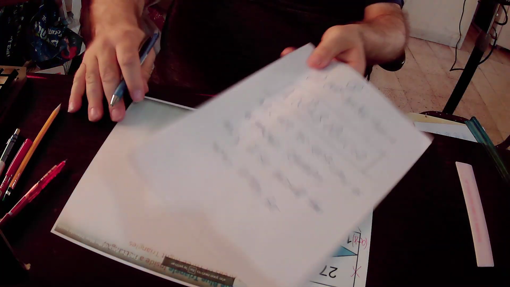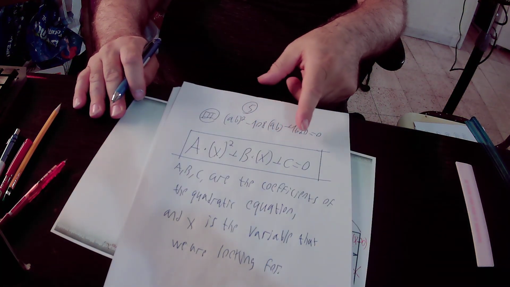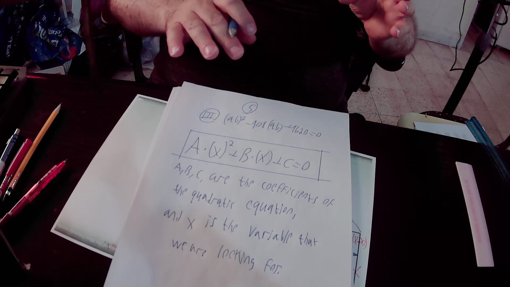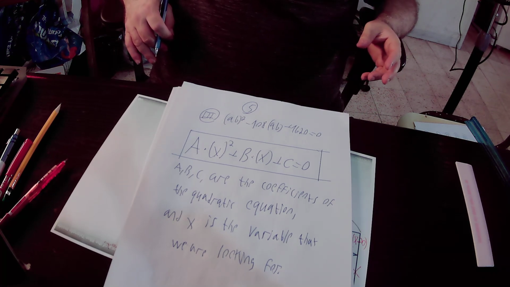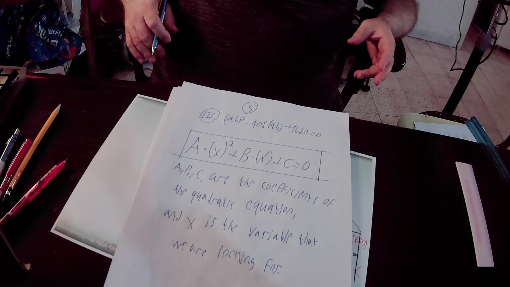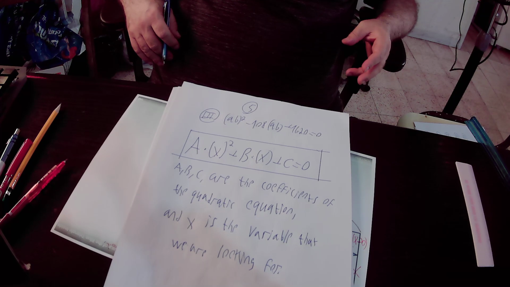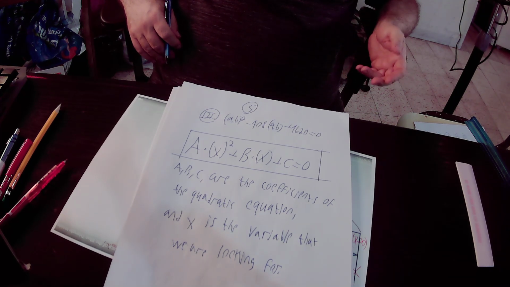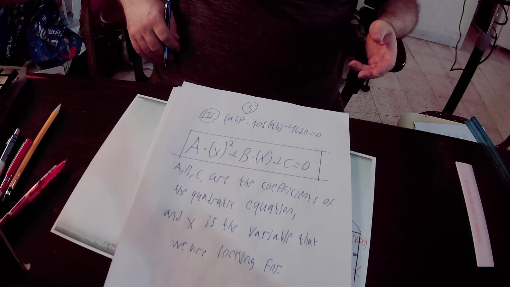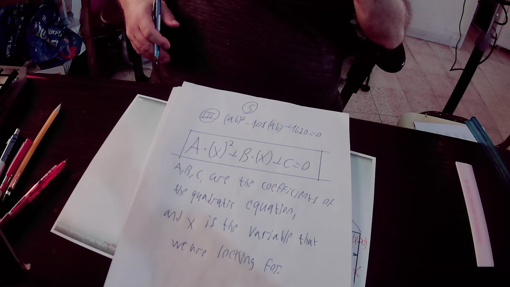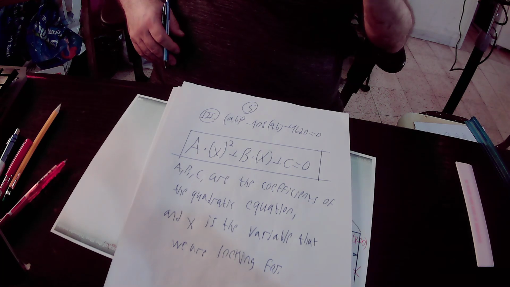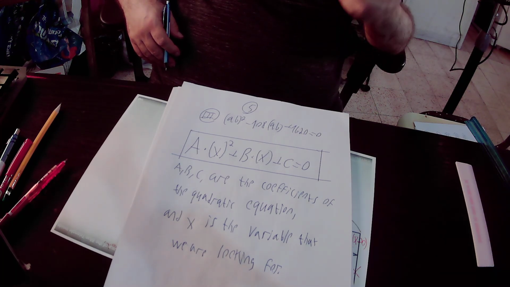Again, a, b, and c are the coefficients of the quadratic equation, and x is the variable that we want to find its value. And actually, the values of x will be the solution of the quadratic equation, and it is also called the root or the roots of the quadratic equation.